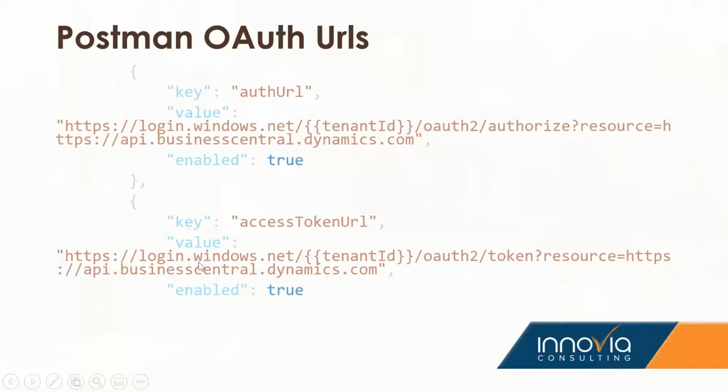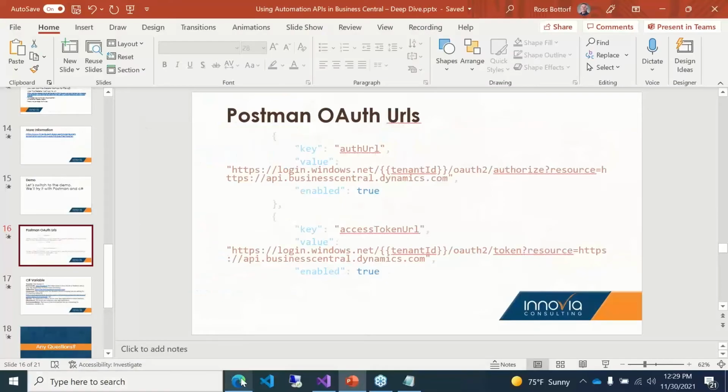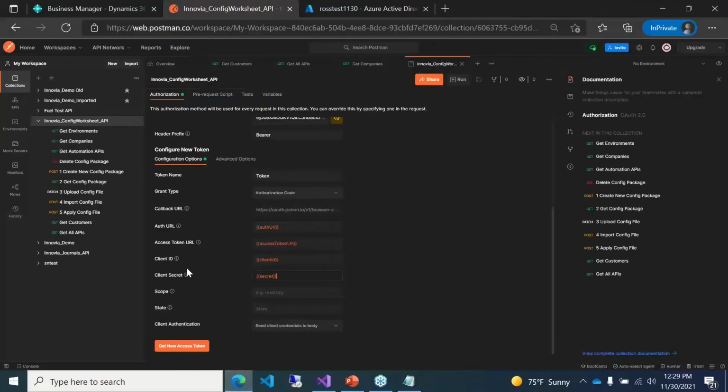Okay, there's an access token URL as well, and you would just look at the Microsoft documentation. This is also in our blog as well. This is what you enter in as your authorization, or I'm sorry, your access token URL for Postman. Okay, let's go ahead and do that. Let's go back to Postman.